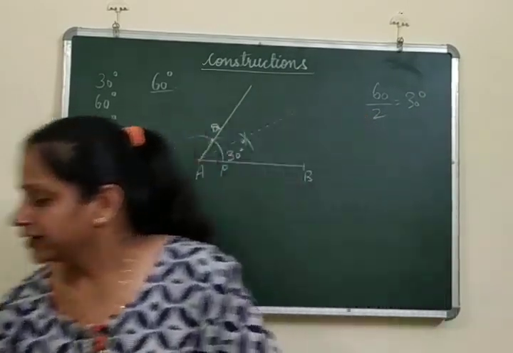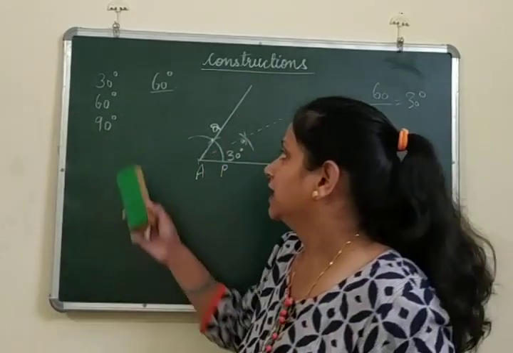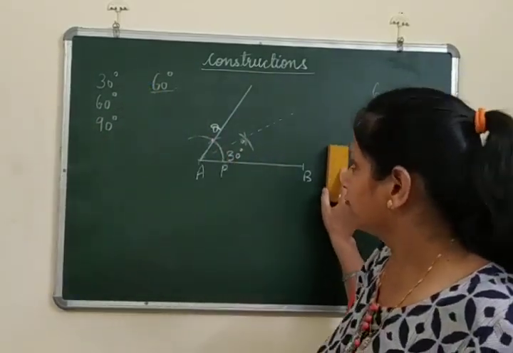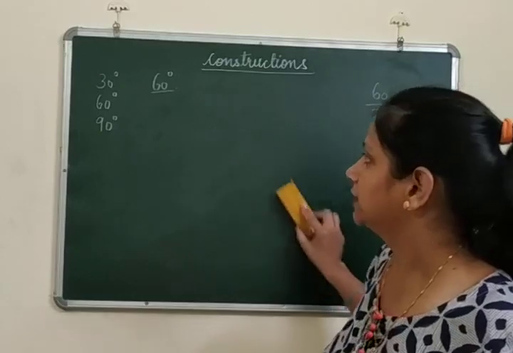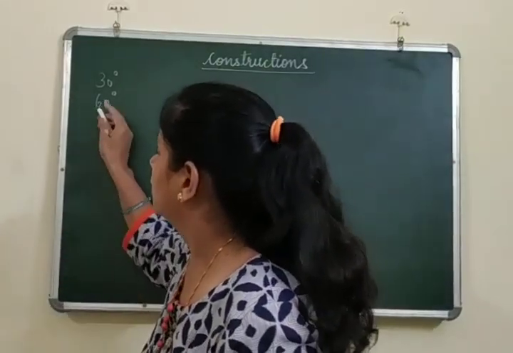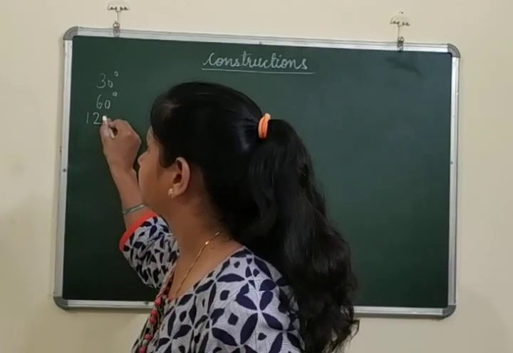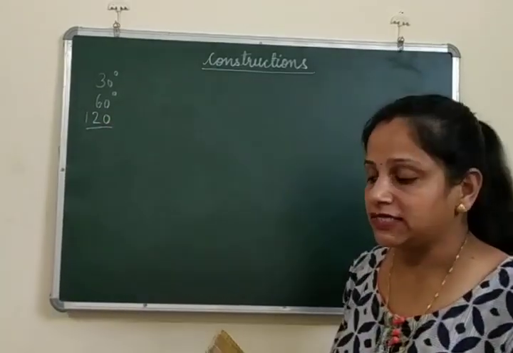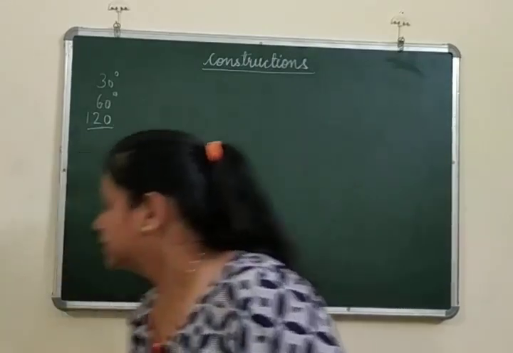Okay, then moving ahead with the same thing. Now 30 and 60 is done. If we need to draw an angle of 120 degree, what do we need?